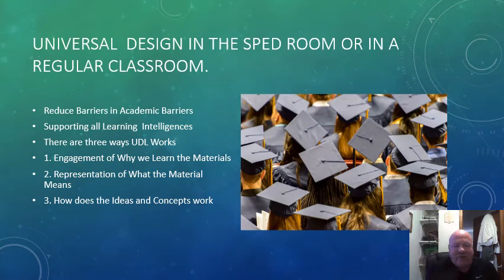And I've watched this deal on how UDL is broken down, and what they came up with is engagement, representation, and then how ideas and concepts work. And I think in those areas, if you can make your classes have these three concepts, it really works well.